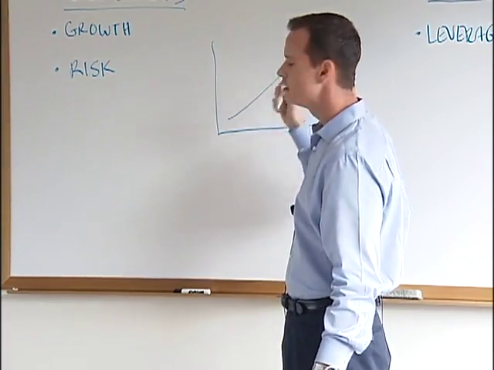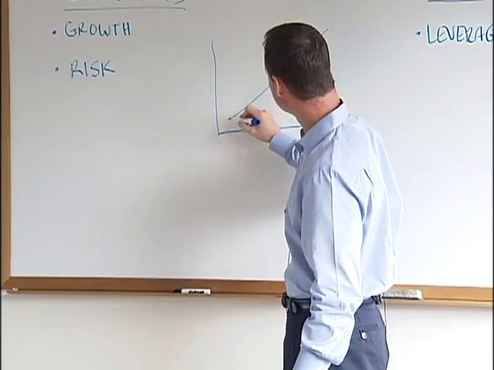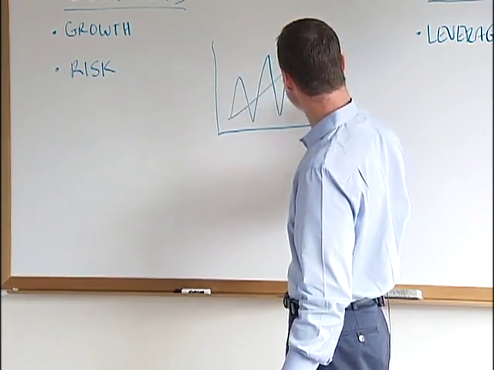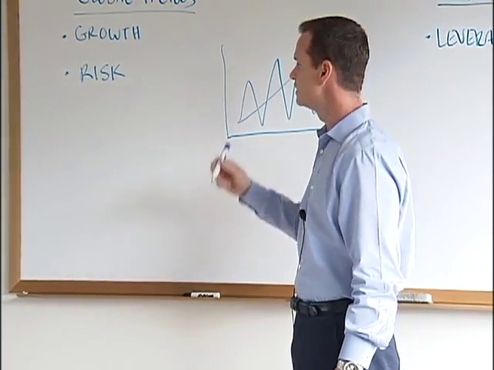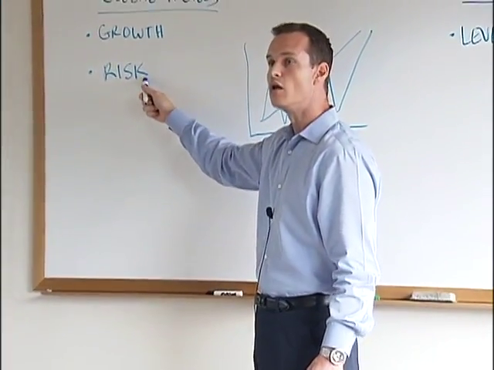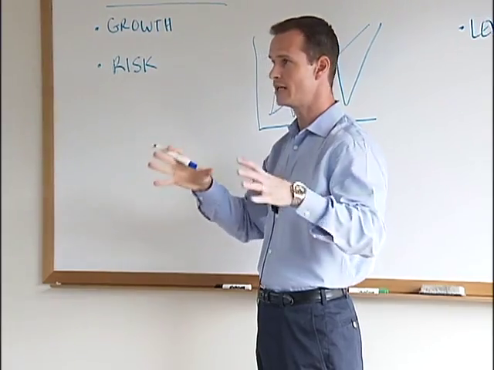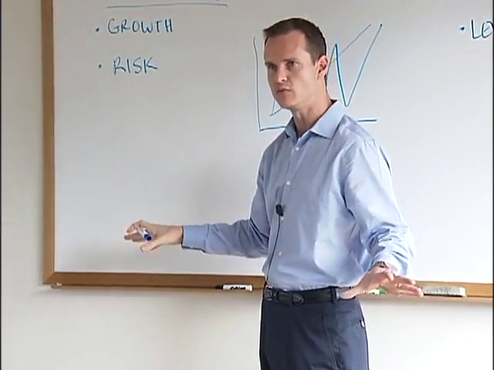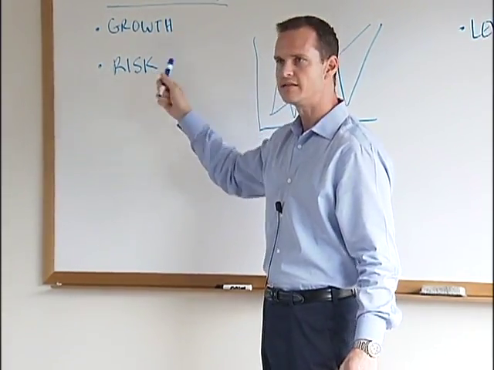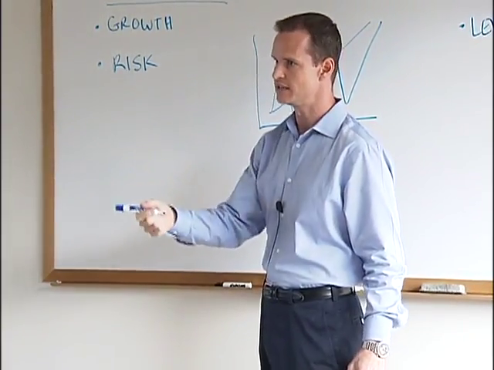This tends to be a less risky company than one that might be all over the map in terms of their cash flows. So if we take a look at risk, all other things being equal, and I'm going to keep saying that over and over, if we can isolate just this factor, Wall Street is going to place a higher value on a less risky company.